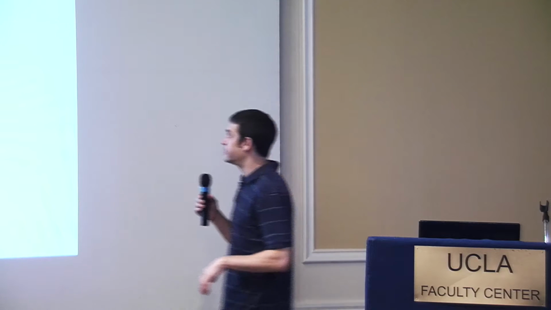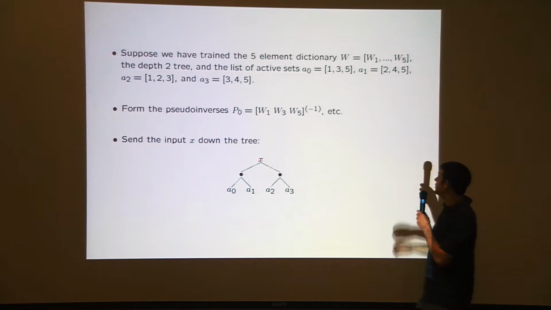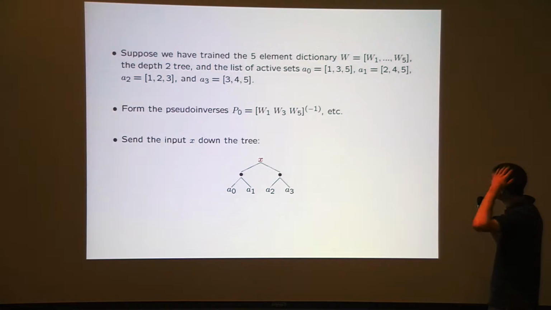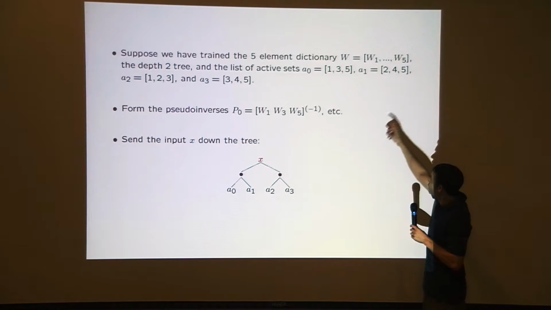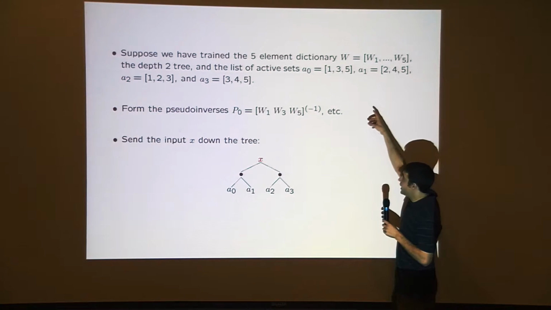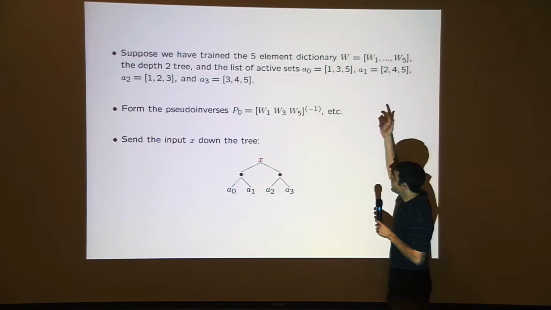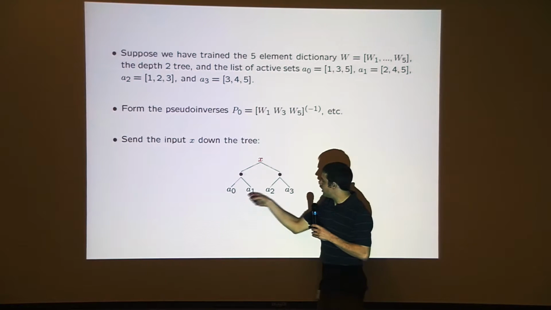So what does it look like at test time? Someone gives you your x. Let's suppose we've trained a 5-element dictionary. And we've trained the tree, and we've remembered the active sets for the different leaf nodes in the tree. And so someone gives us the x, and we've remembered the pseudo-inverses of W on each of these things.